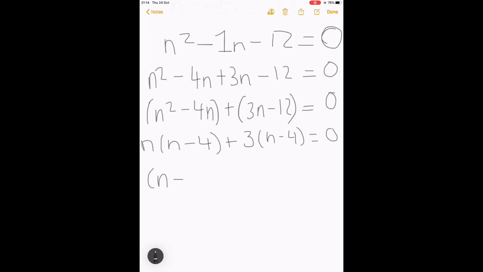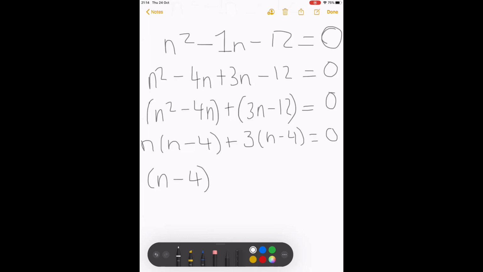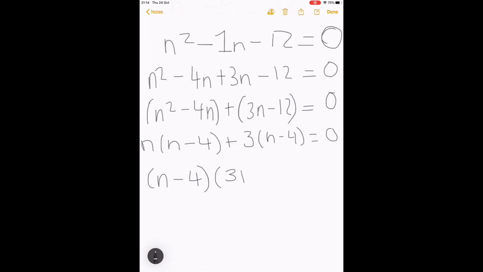Because n minus 4 is a common factor here, we can take that out in its own bracket, and we multiply it by its multipliers, which would be n plus 3, which equals 0. So for this equation to equal 0, one of the brackets has to equal 0, because anything times 0 is 0. We can test each bracket.